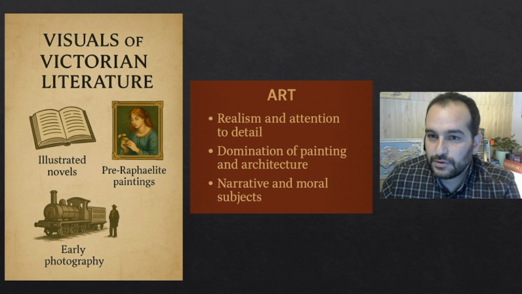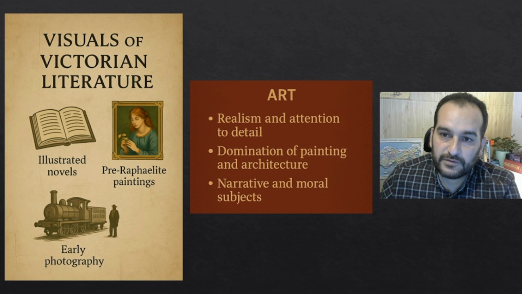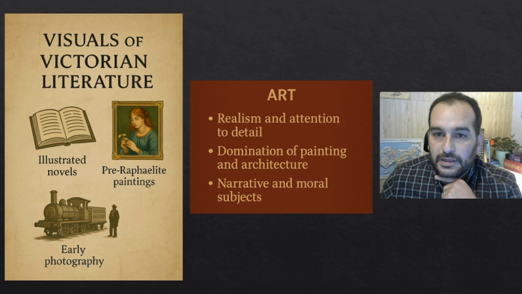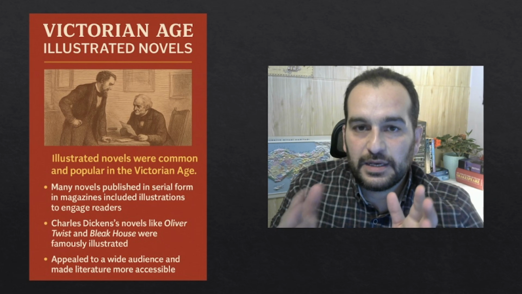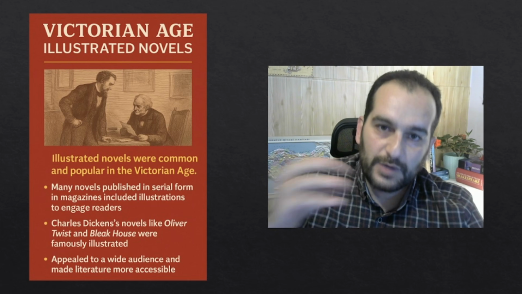We see also the illustrated novels. I will talk about them in the next slide. In the Victorian age, as I mentioned, we see illustrated novels. They were common and popular in the Victorian age. We see many novels published in serial form in magazines with the illustrations included.